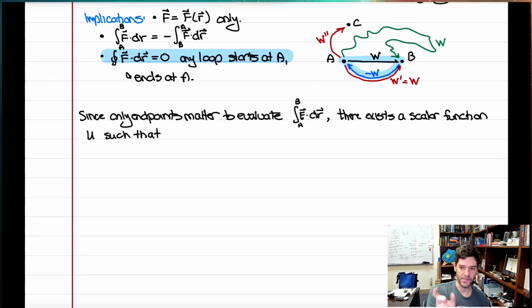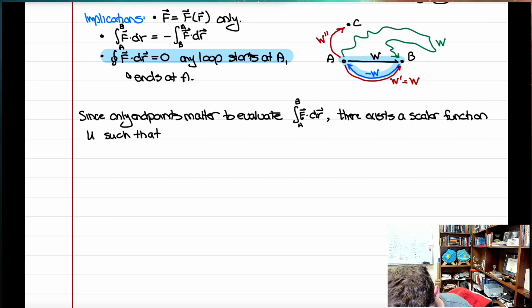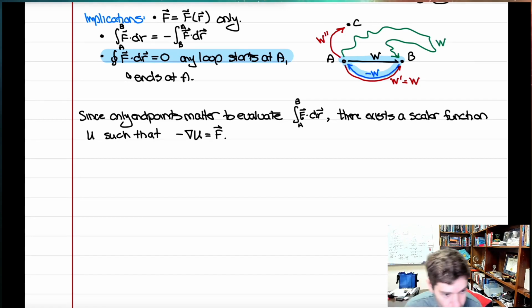But I claim that u is a scalar function. So we have to think back, what can I do to a scalar function such that I get a vector back at the end of the day? Well, that's the gradient, such that negative the gradient of this function u equals the force vector.